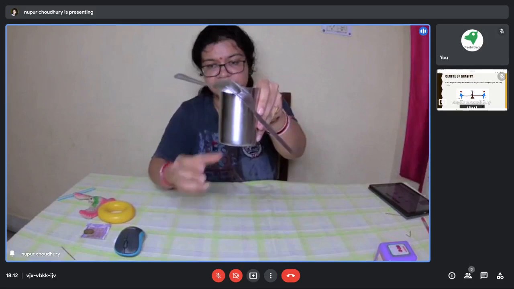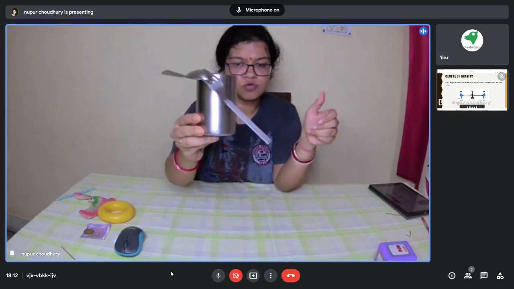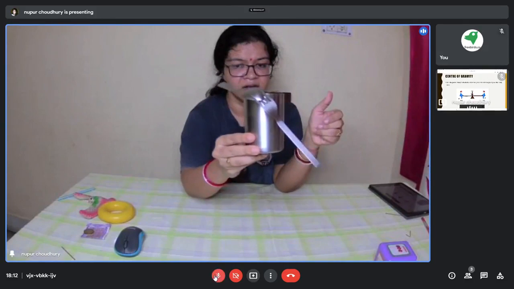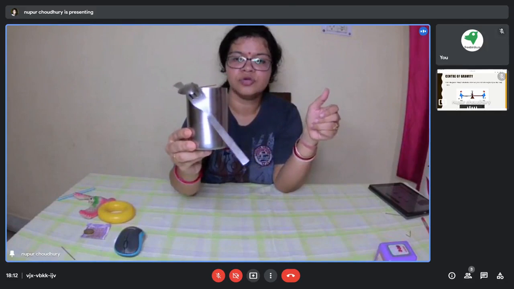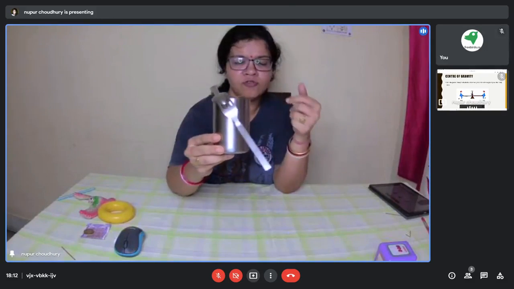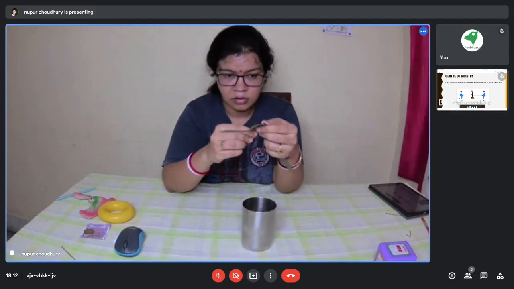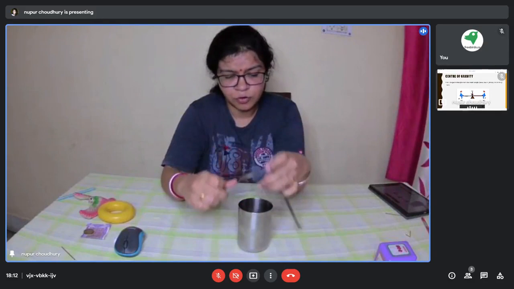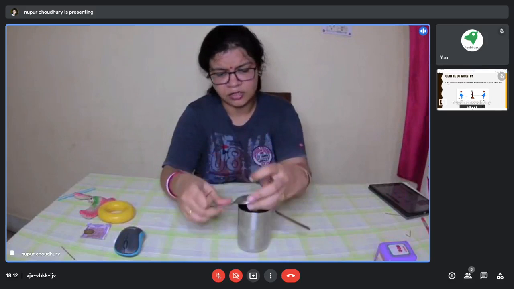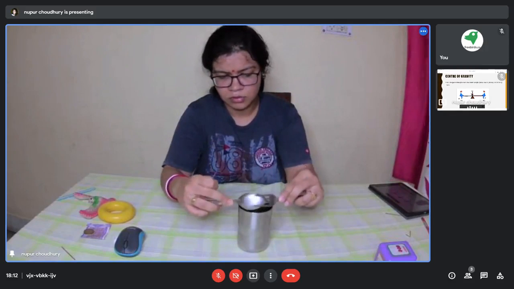If you can see this, the spoon and the fork are floating in the air. It will not fall off because the center of gravity is correctly identified. If I put this simply here, it will not float.